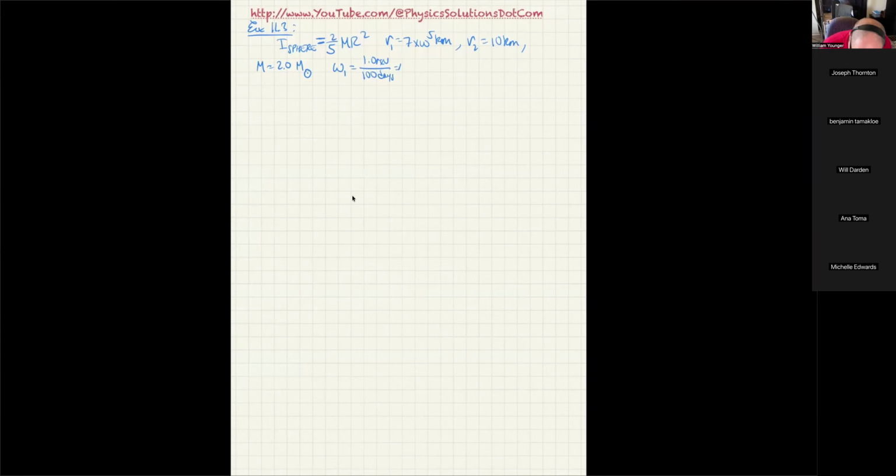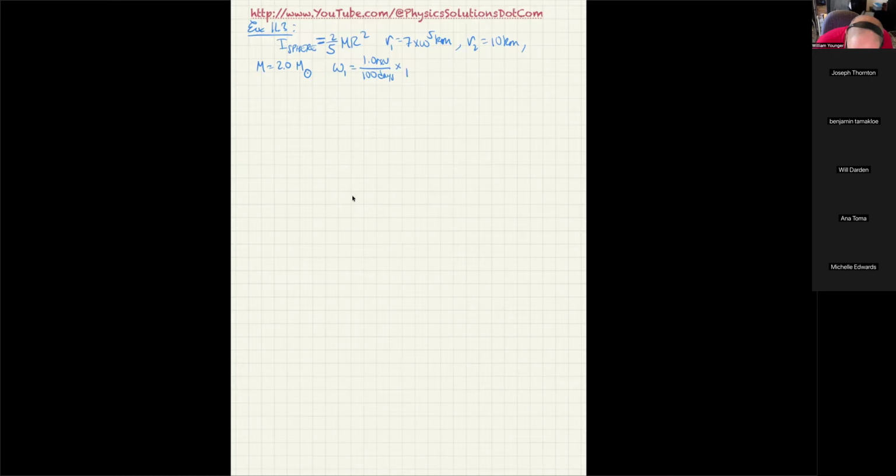which I can go ahead and convert to something a little more useful, because it turns out this final angular frequency is going to be a lot faster. This is revolutions per 100 days.